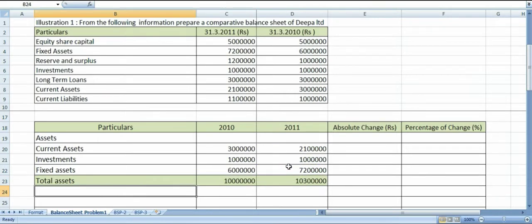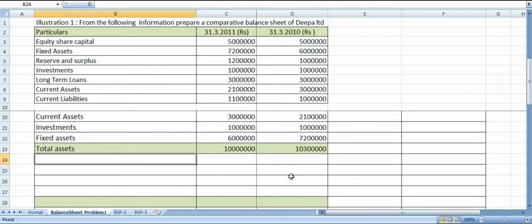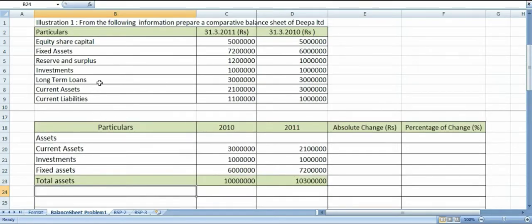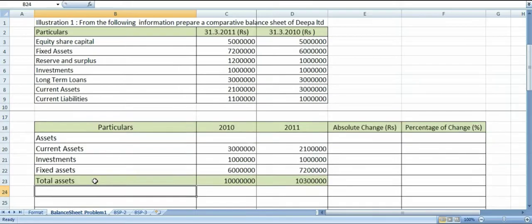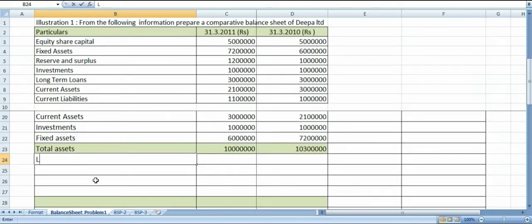Next we have to go to the liability section. The liability section will have two things: current and non-current liabilities. Now just go through the things they have provided in the problem under the liability section. They directly mention current liability, and long-term loans are the liabilities. There is no other liability item here.